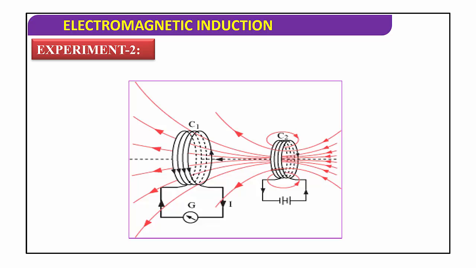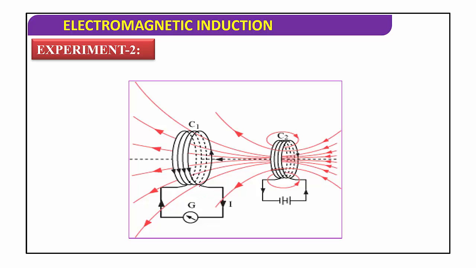C1 coil is connected to a galvanometer. Galvanometer is a device which gives the presence of current. Then the second coil C2 is connected to a battery. So this is the construction of the experiment.